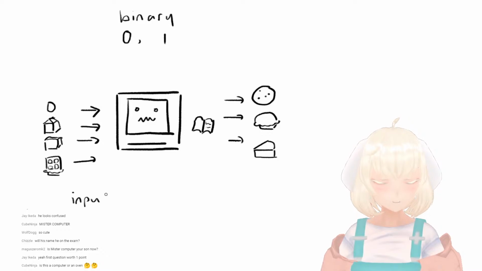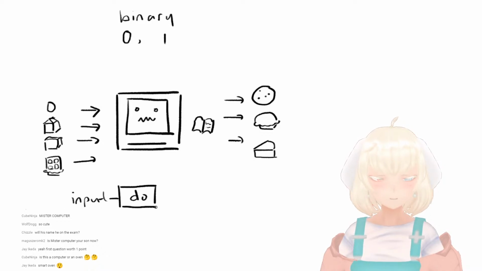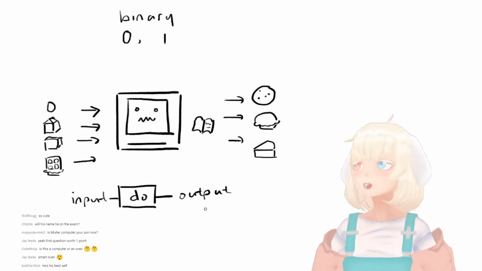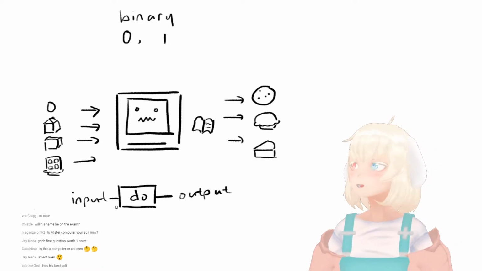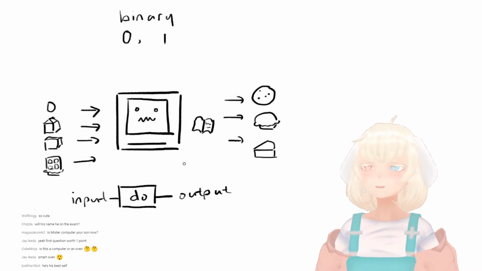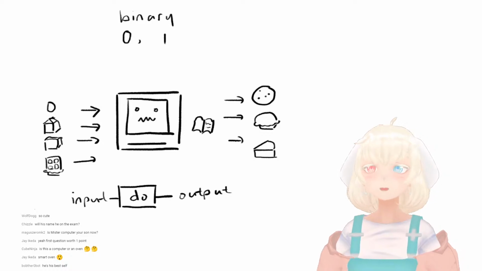So input goes in, Mr. Computer does something, and then he gives us outputs. And we sort of simplified it to only have one input and output right now. But you can do any number of these inputs or outputs. And yeah, we want to learn how to make these instruction manuals.